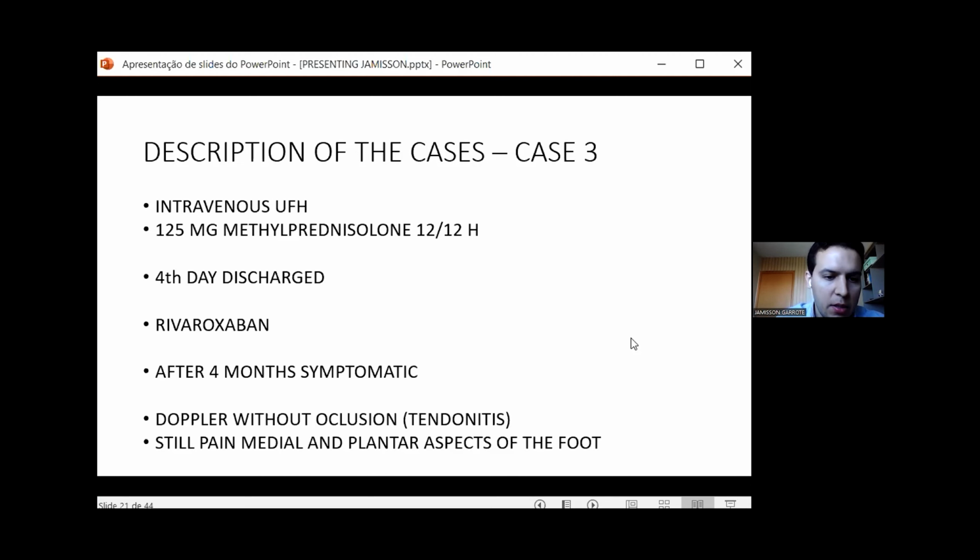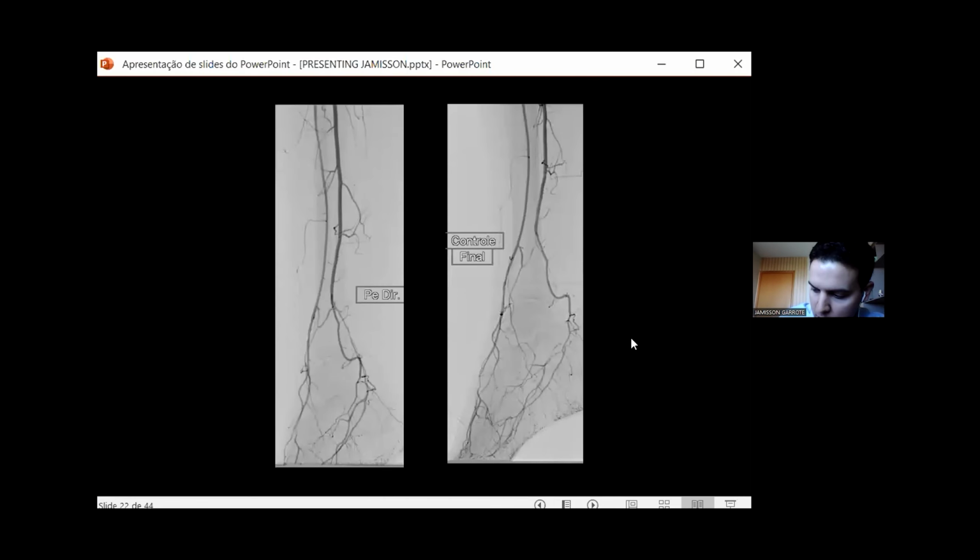She remained symptomatic after 4 months. She underwent Doppler ultrasound with no occlusion at that moment, but due to the symptoms she was presenting, she had another angiography, and a percutaneous angioplasty was performed because, as you can see, there was stenosis of the dorsalis pedis and medial plantar arteries.